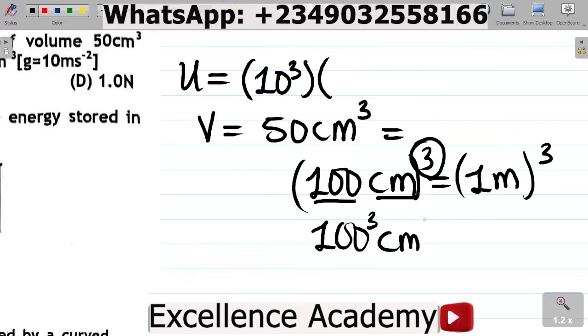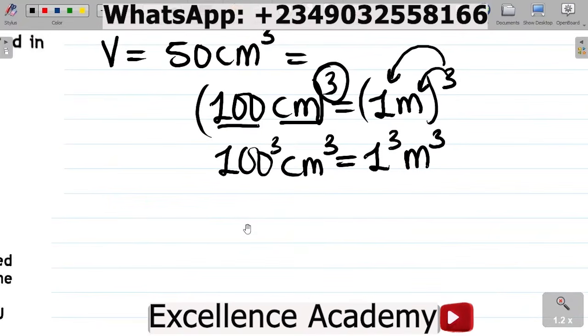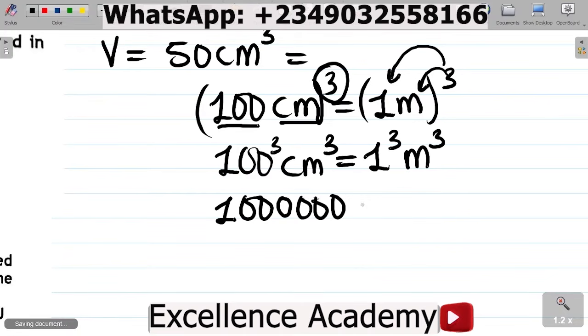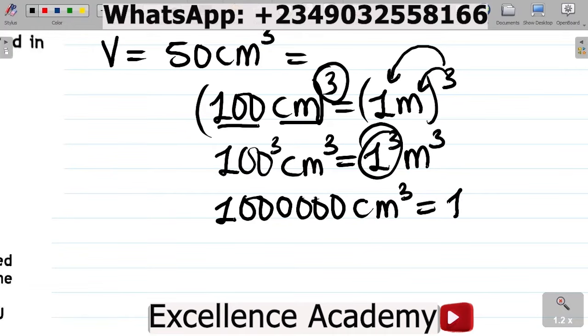So cm cube is equal to, the cube affects 1, it becomes 1 cube, and the cube affects meter, it becomes meter cube. Proceeding with this, I would have 100 raised to the power 3, and that gives you 1 million. So 1 million cm cube is equal to 1 meter cube.